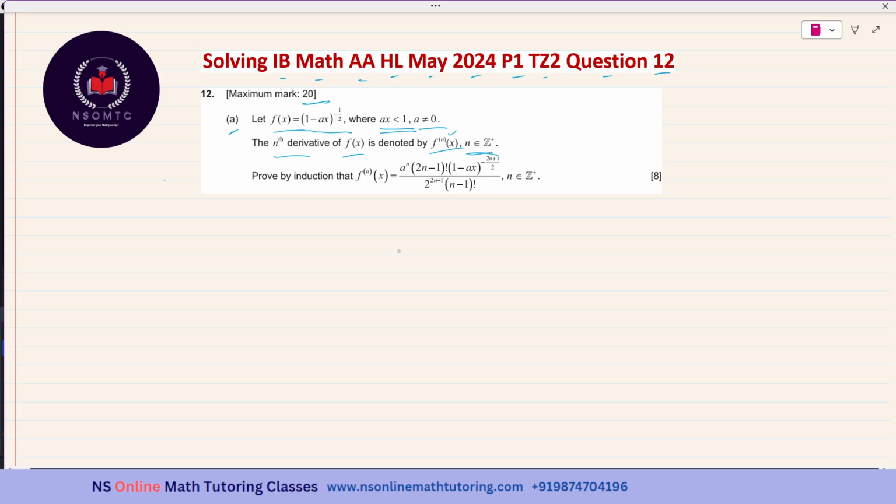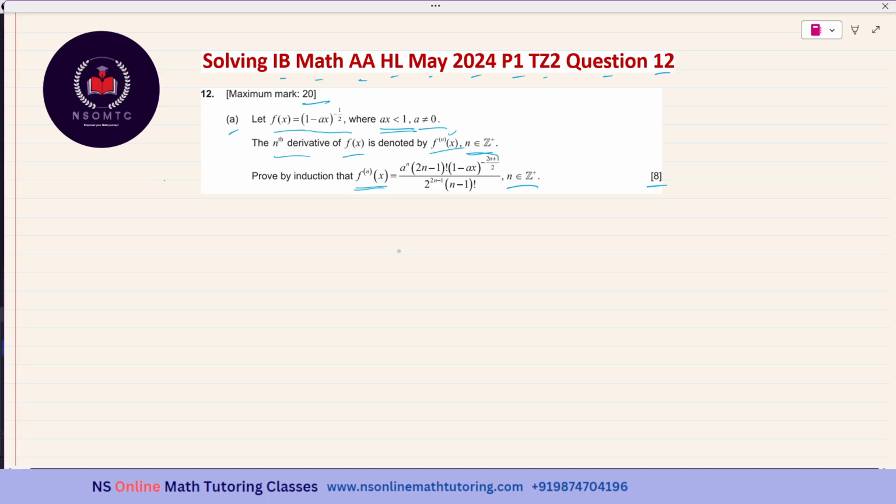Prove by induction that the nth derivative of f of x is equal to a to the power of n times (2n minus 1) factorial times (1 minus ax) whole raised to the power of negative (2n plus 1) over 2, and the entire expression is divided by 2 to the power of (2n minus 1) times (n minus 1) factorial, and n is a positive integer. It is worth 8 marks.